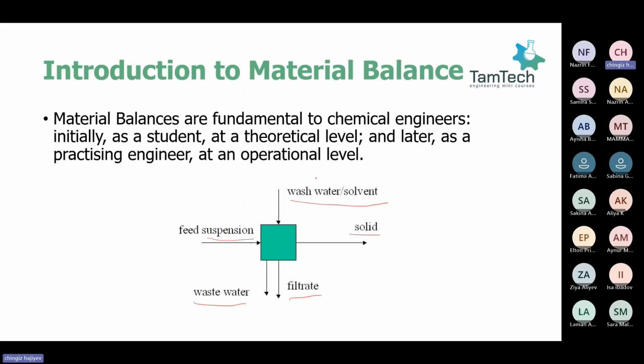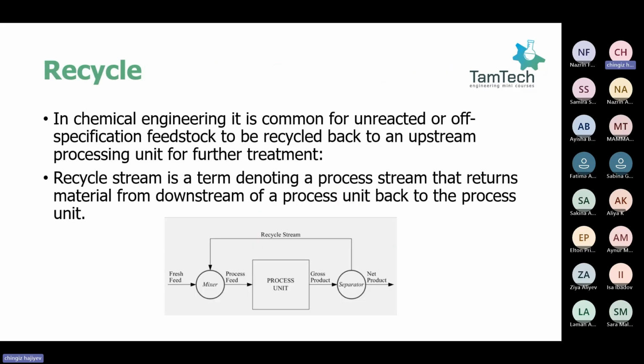For example, in wash water we have some amount of water and some amount of some chemical, say chemical X, and how much of this water is in the filtrate and how much is in the wastewater. That is our aim, and that's our calculation, just to know the composition and the amount of everything. And by doing that, we also need to know a very important concept, which is called recycle.